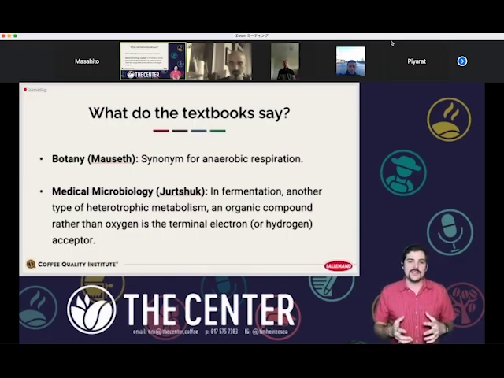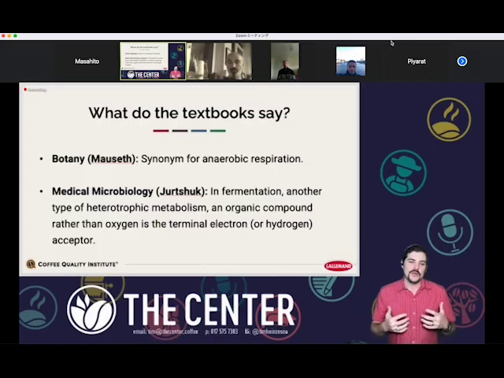But in fermentation, another type of heterotrophic metabolism, an organic compound, rather than oxygen, is the terminal electron or hydrogen acceptor. Again, it's some terminology we may not be extremely familiar with, but what it's pointing to is the byproducts that are being created and which byproducts are being utilized in that specific metabolic pathway.